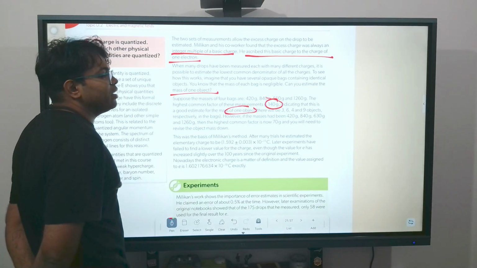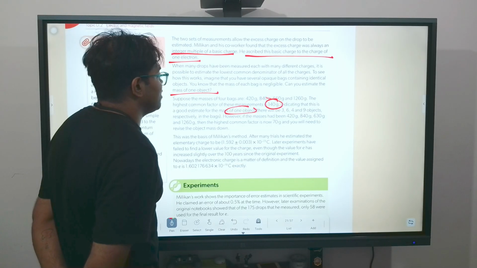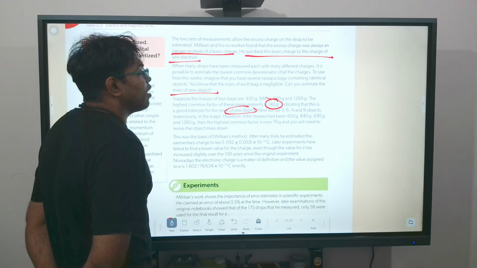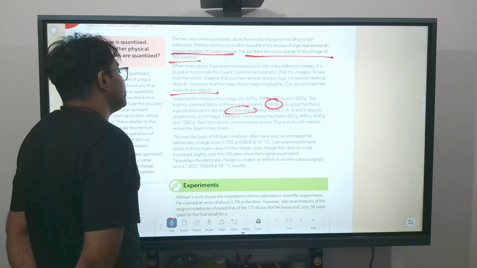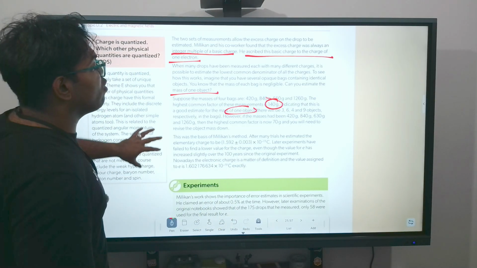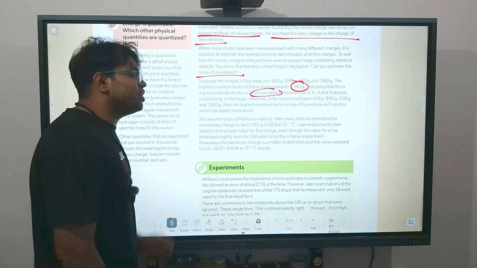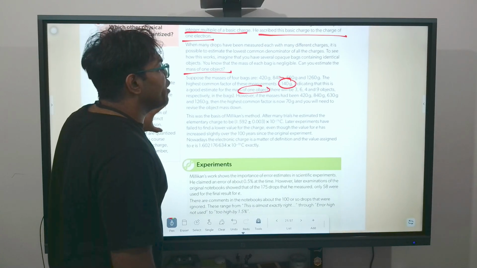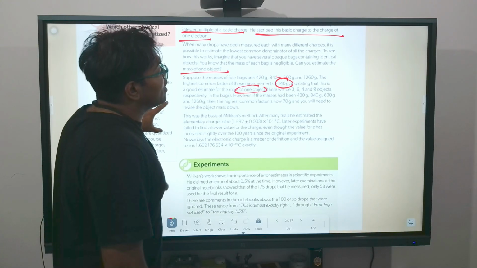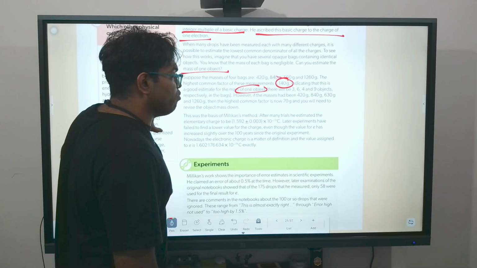However, if the masses had been 420, 840, 630, and 1260, then the highest common factor is now 70, and you will need to revise the object's mass down. This was the basis of Millikan's method. After many trials, he estimated the elementary charge to be 1.592 plus minus 0.003 into 10 to the power minus 19 coulombs.